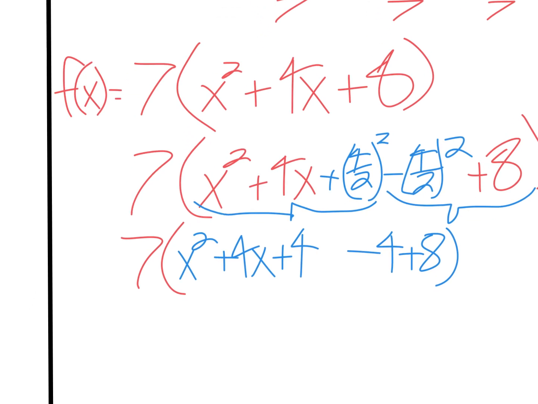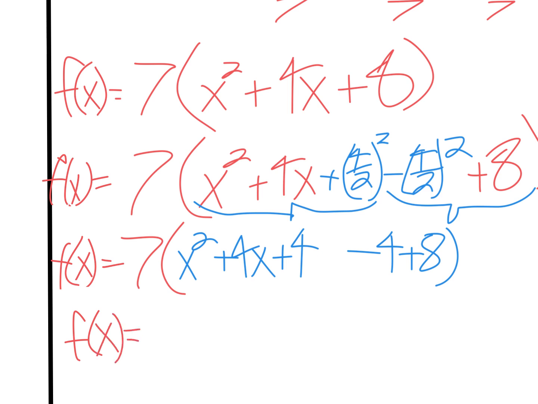Now we are going to write f of x equals. I feel like I have to write that each time. And so we're going to factor this: what is the perfect square trinomial pattern for these three terms?